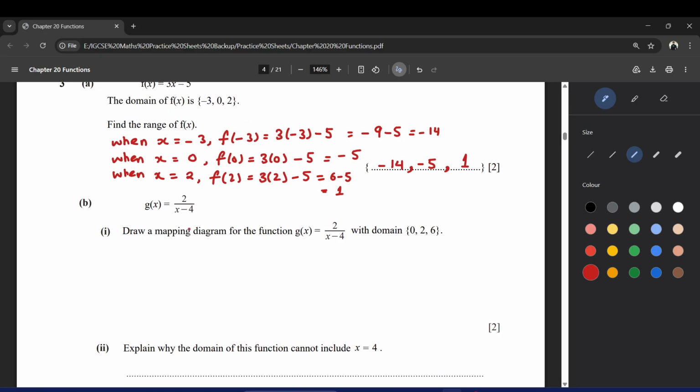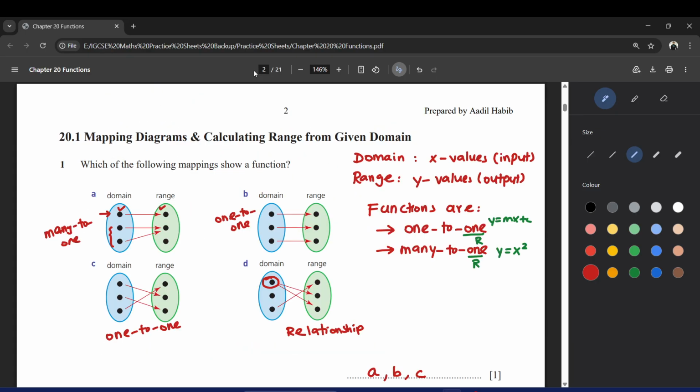B part. g of x is equal to 2 over x minus 4. Draw a mapping diagram for the function g of x equals 2 upon x minus 4 with the domain 0 to 6. Now, what is a mapping diagram? If you go back to page number 2, you see these diagrams are called mapping diagrams.